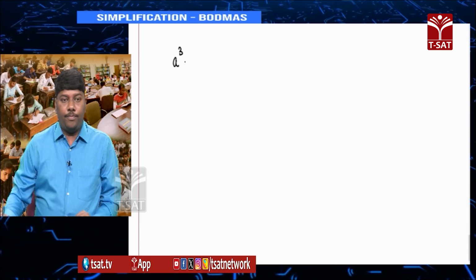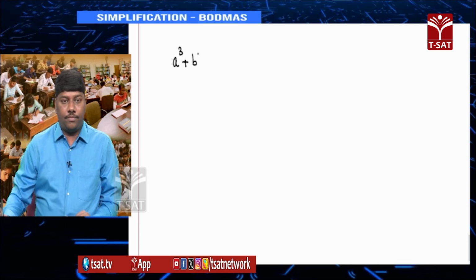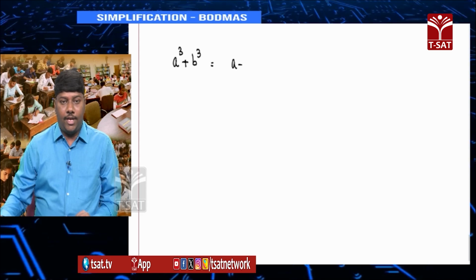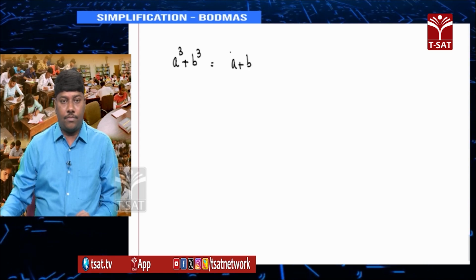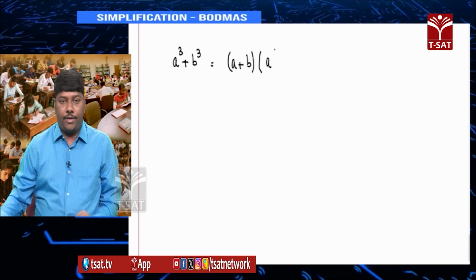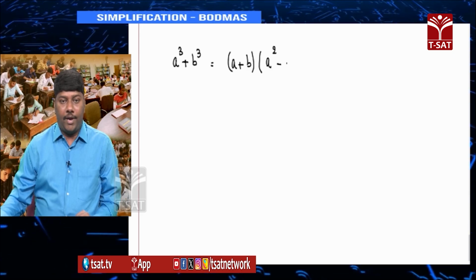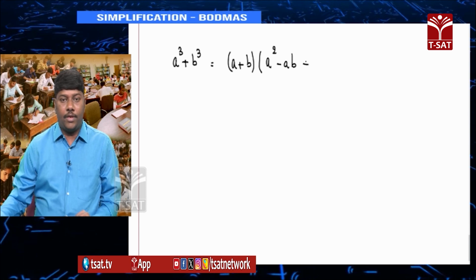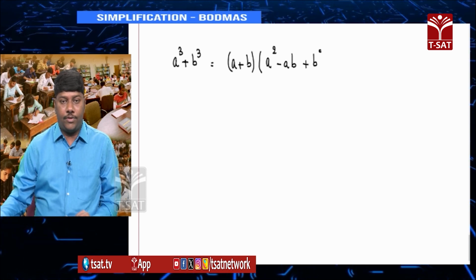For a cube plus b cube, it is a plus b into a square minus ab, gradually decrease the power of a, increase the power of b, plus b square.